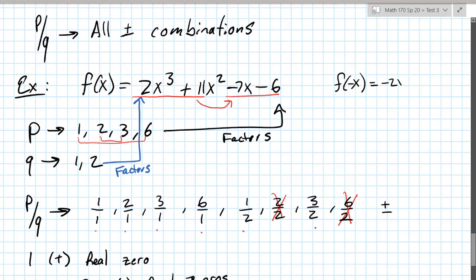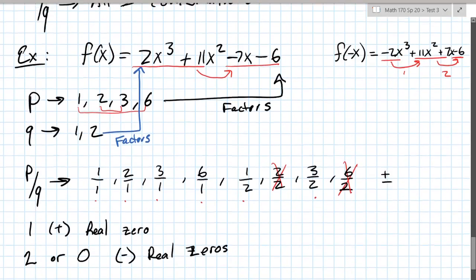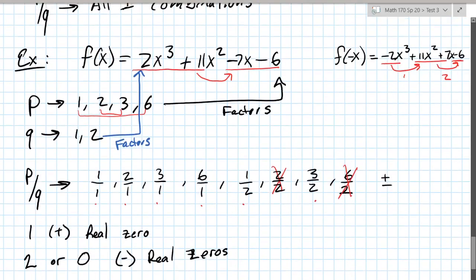So we have negative 2x cubed plus 11x squared plus 7x minus 6. So now, looking at our sign changes, we go from negative to positive. This stays positive, and then to negative. So there are 2 or 0 negative zeros.